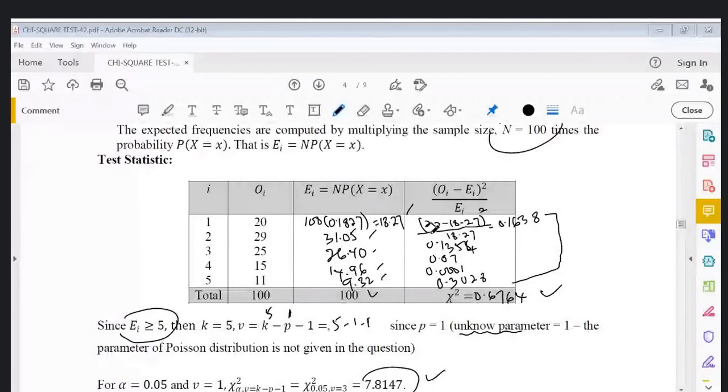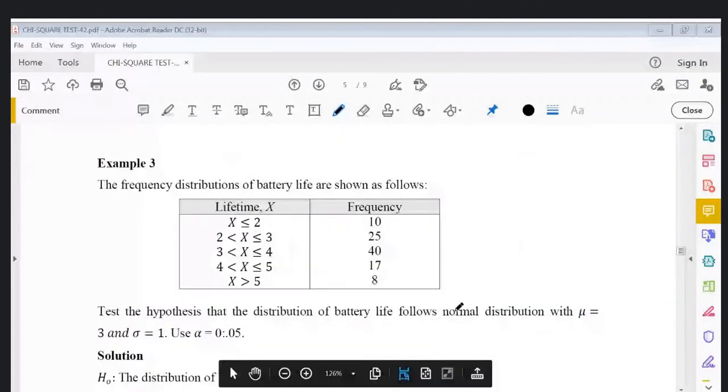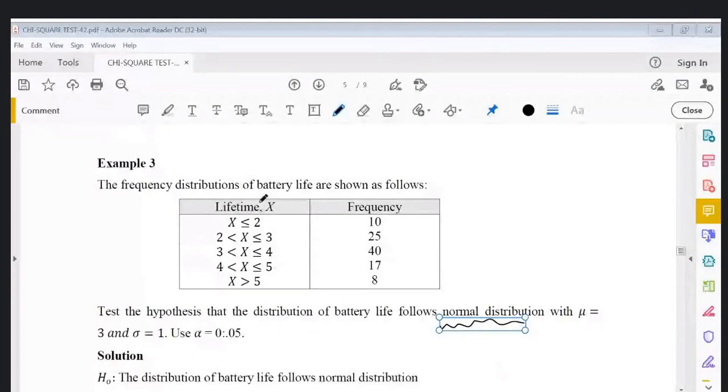Example 3 involves the normal distribution. The frequency distribution of battery life: less than 2 occurred 10 times, 2 to 3 occurred 25 times, 3 to 4 occurred 40 times, 4 to 5 occurred 17 times, and greater than 5 occurred 8 times.